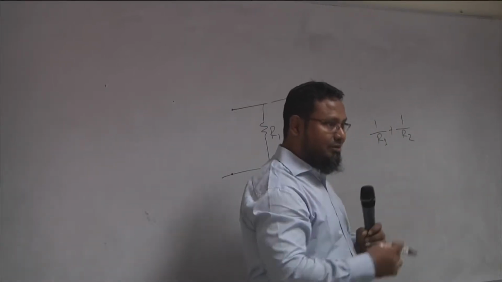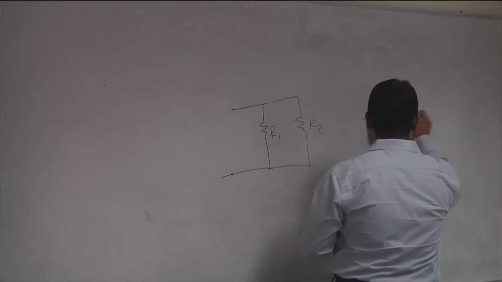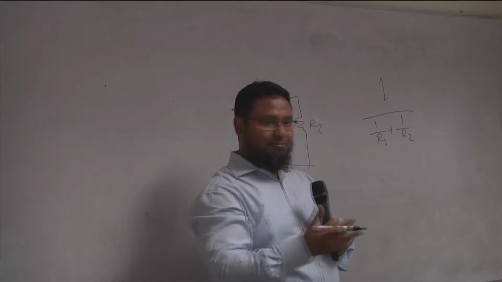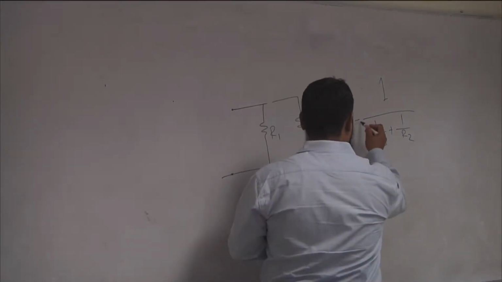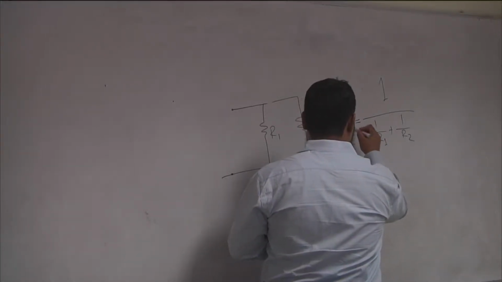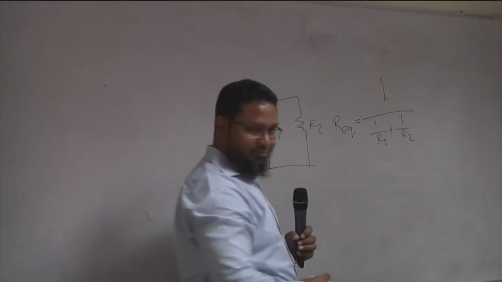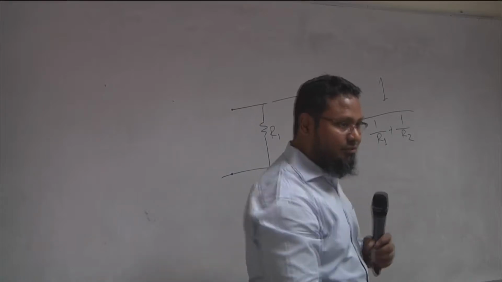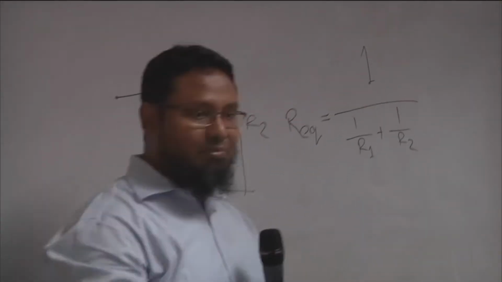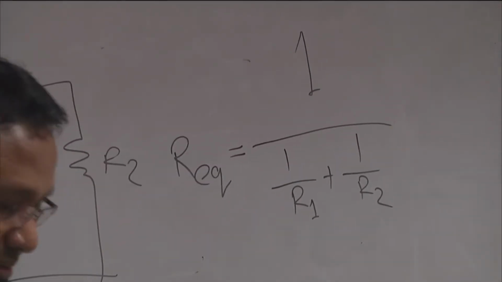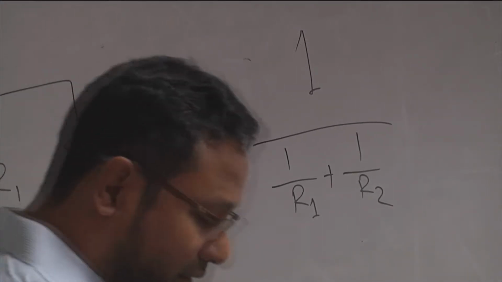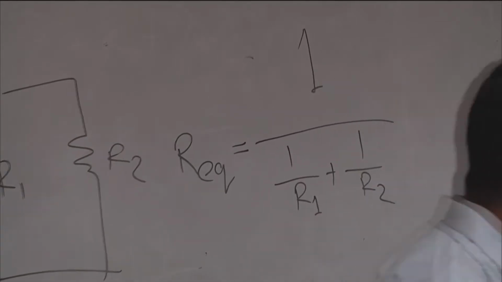So you add the conductances, then you invert it. Invert it means 1 over. That gives you R equivalent. Remember? In case of series connections, of course, it's very, very easy. You just add them up. But it becomes a bit trickier whenever you have the parallel combination. So there it is. There you go.